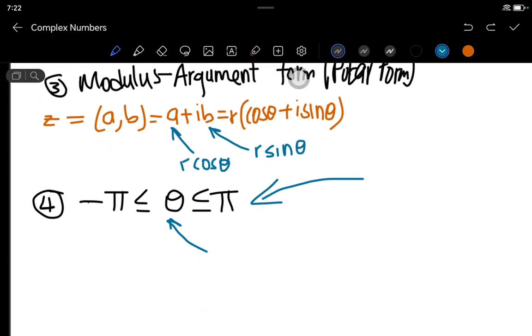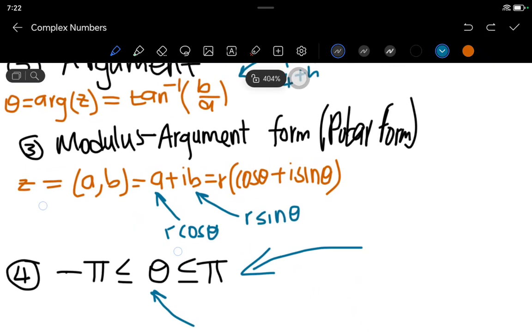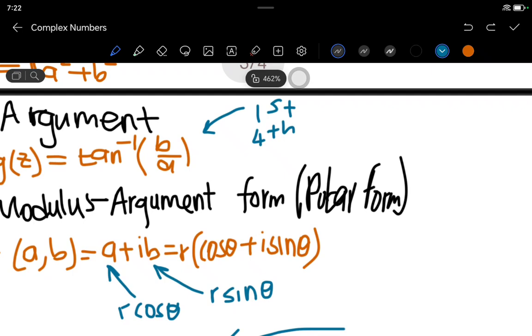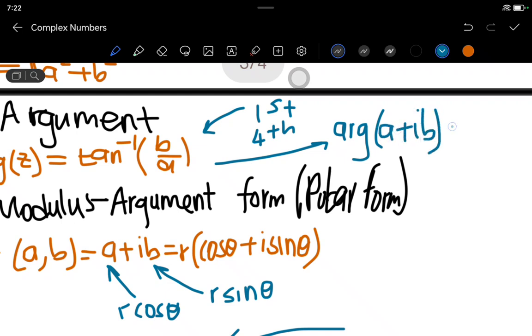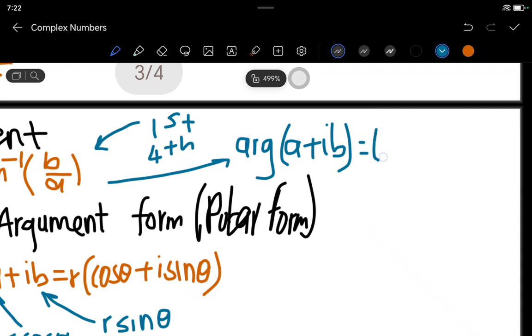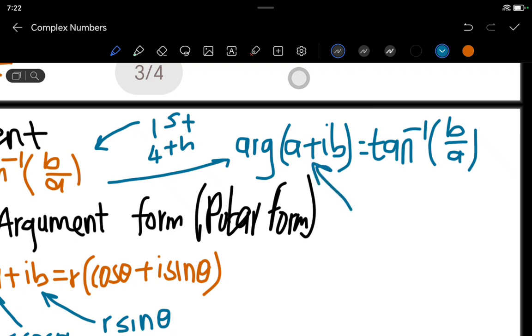So now remember when we came to the argument, I can also tell you that this can also be written as the argument of A plus iB, which is equal to arctan B over A. Remember, this is Z, right?